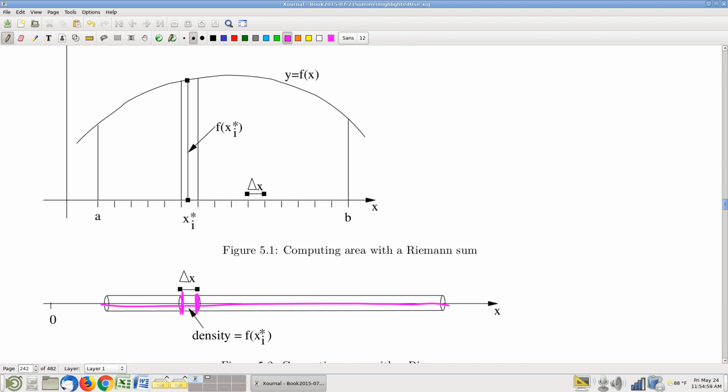Let me point out that not every calculation you'll ever want to do in this life is necessarily an accumulating quantity. For example, centroid, let's say average, center of mass, whatever you want to call it. That's not an accumulating quantity. You could very reasonably want to compute the center of mass of this rod.